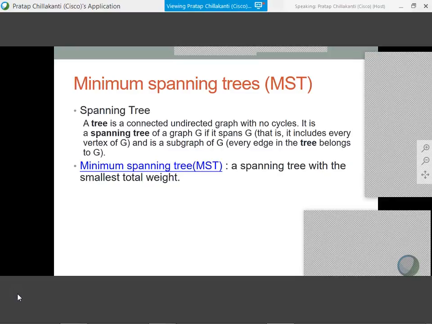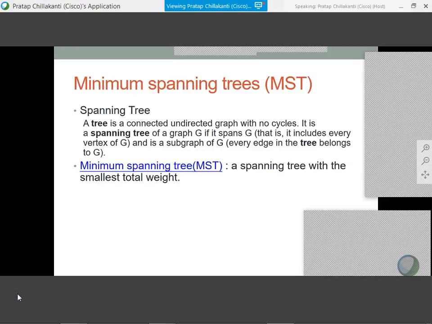So what is a spanning tree? A connected, undirected graph with no cycles, okay? And a spanning tree will contain all the vertices, right? It should include every vertex of G, and every edge of the tree belongs to the graph.